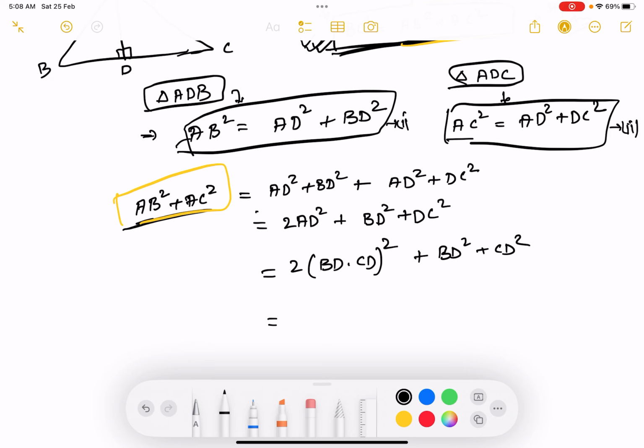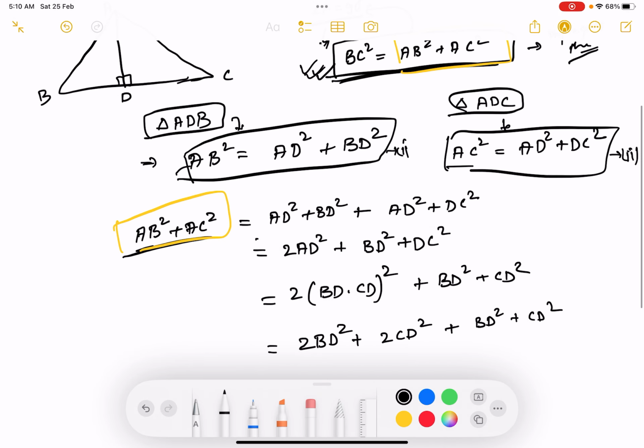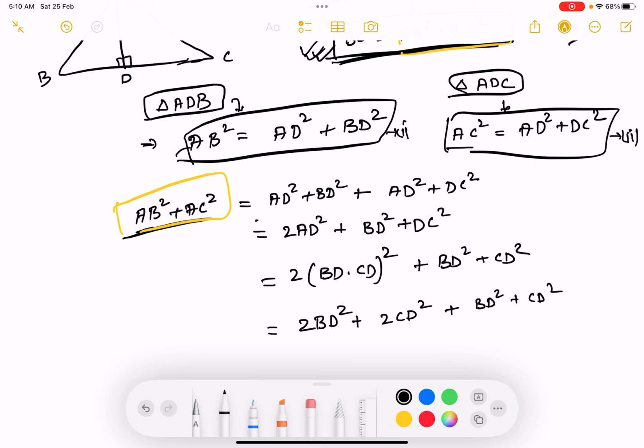Oh, I'm sorry. It should not be squared here, because we are substituting AD square as BD into CD.